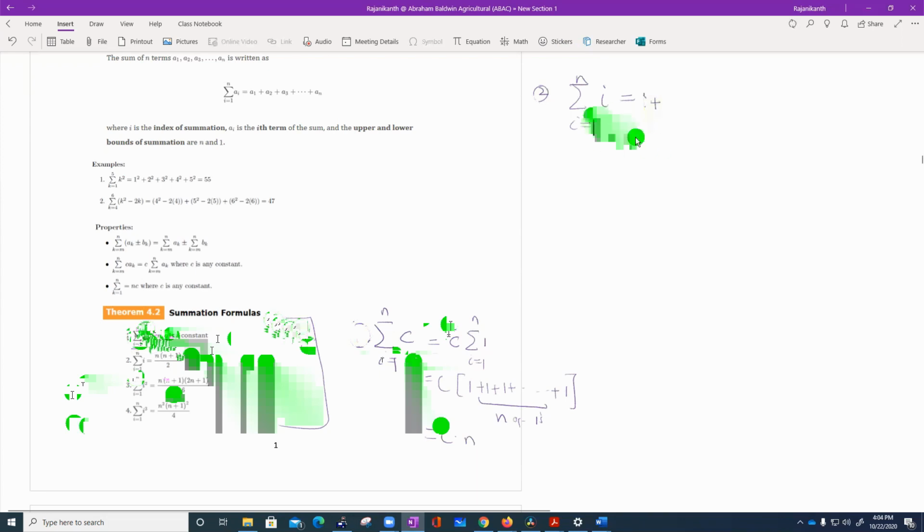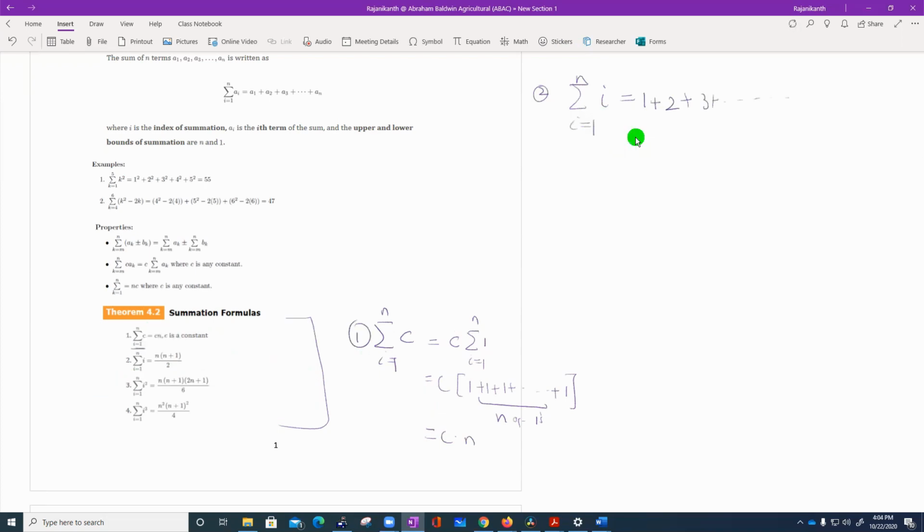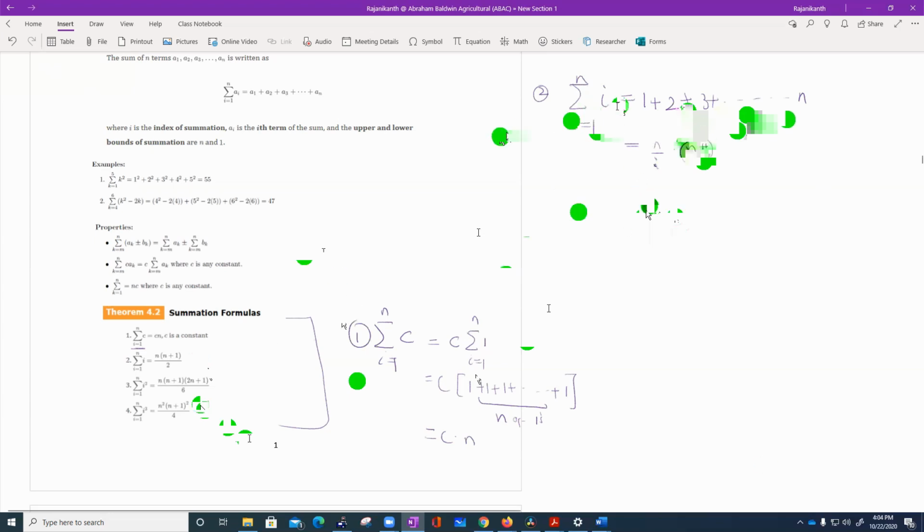Next is 3, and so on, right? So the last i value is going to be n, and you are adding all this. The formula says that if we add all the numbers from 1 to n, that is simply n over 2 times n plus 1.